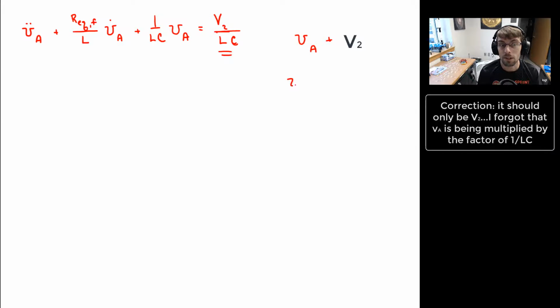Then when you take a derivative, say this is VA as a function of time, when you take that first derivative, that second term disappears, goes away. So, pick your pleasure.